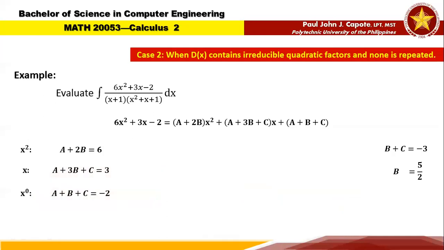Now since we already have a value for the constant B, which is 5/2, we can actually solve for C by substituting 5/2 to B. Doing this, we get the value for the constant C. C is equal to -11/2.